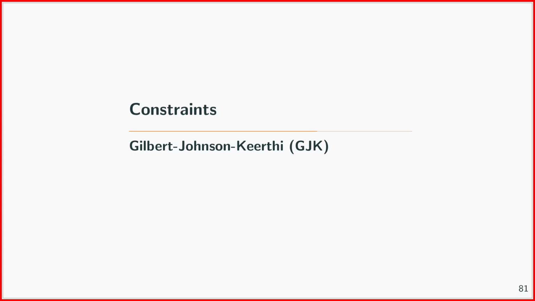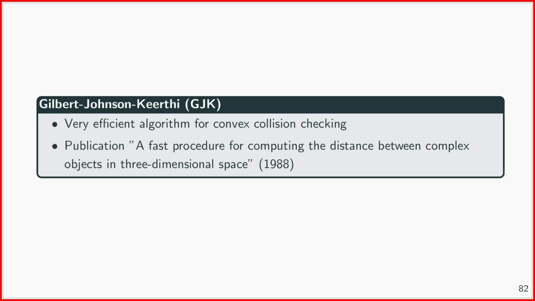And I want to quickly show you how you can apply this. The GJK algorithm is, I would say, the most efficient algorithm for convex collision checking. It was invented in 1988, and you can read all about it in this publication, A Fast Procedure for Computing the Distance Between Complex Objects in Three-Dimensional Space.